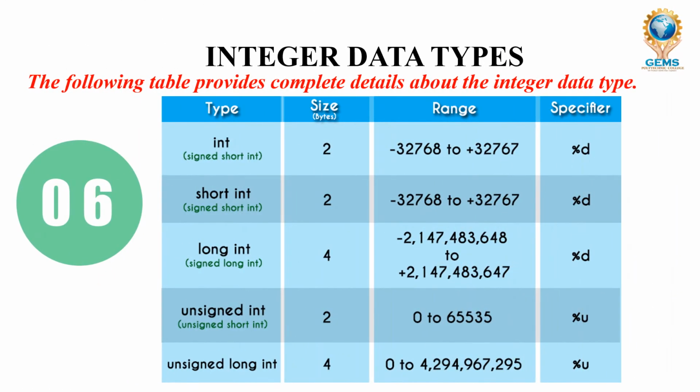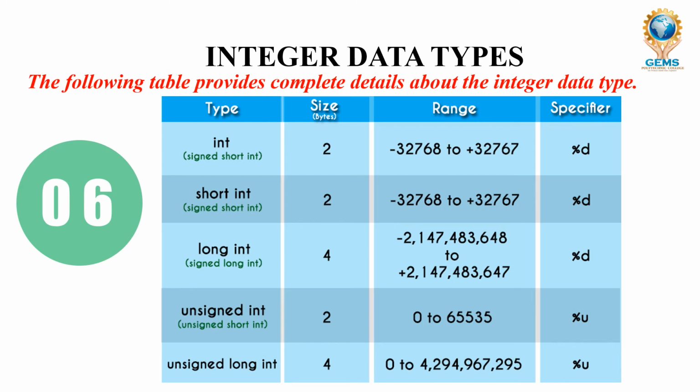Now this is the complete details about the integer data types. We have signed int, signed short int, signed long int, unsigned int, unsigned short int and unsigned long int.